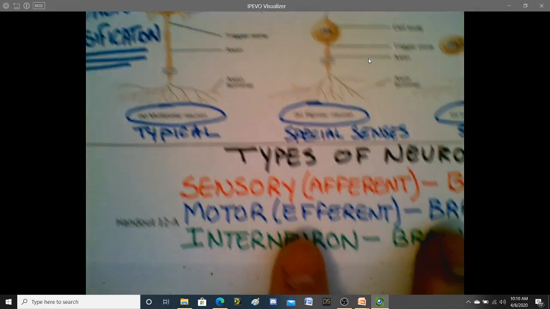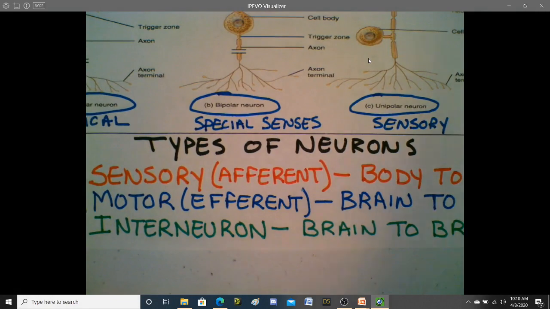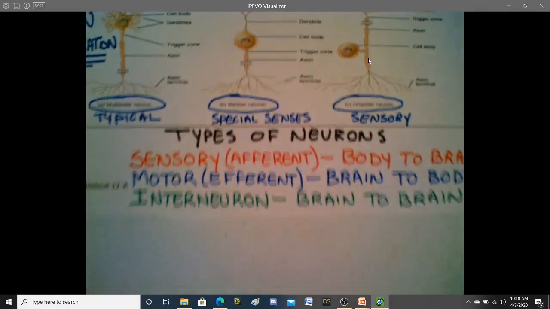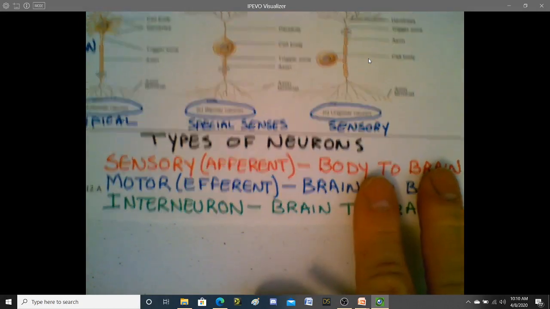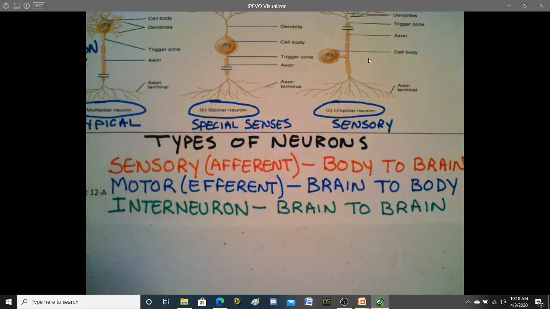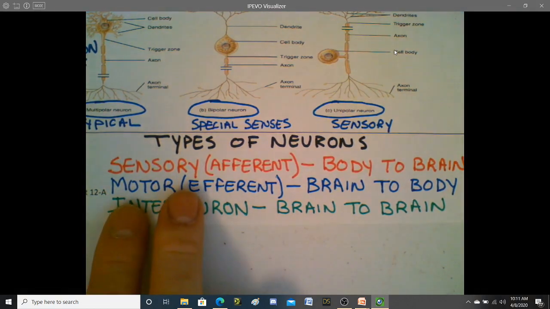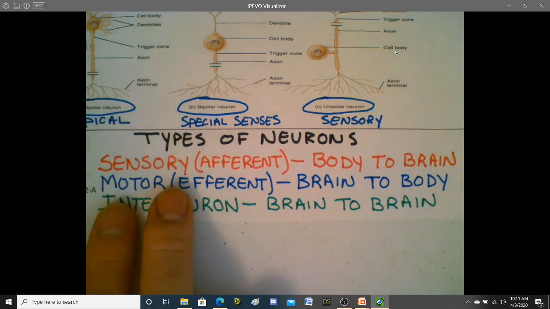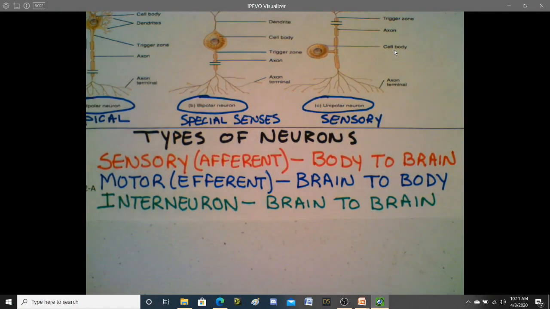All right, and then down here I just have the different types of neurons. And you need to realize that we have basically two major types of neurons. We have sensory and we have motor. Sensory, sometimes called afferent. Remember, it's always body to brain. Motor, efferent, are brain to body.